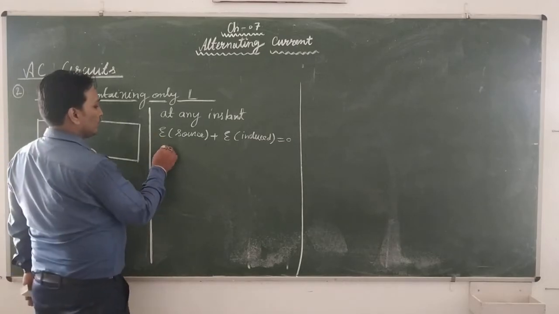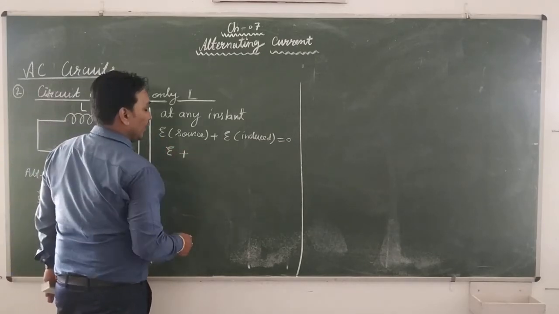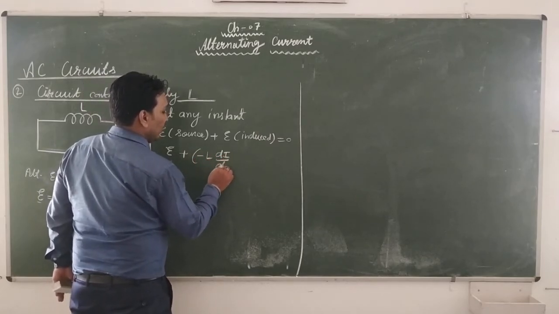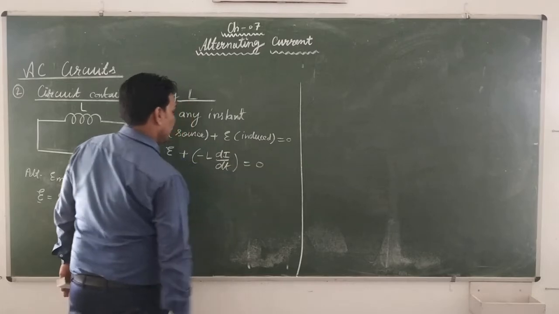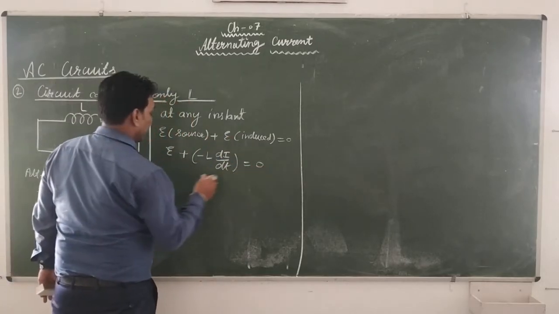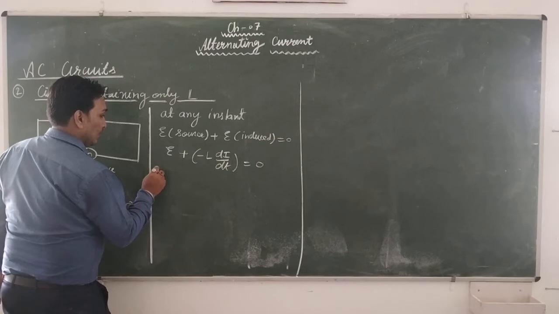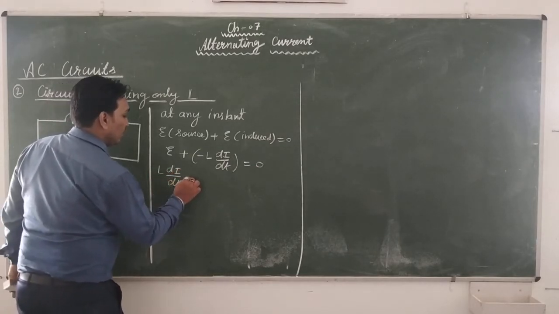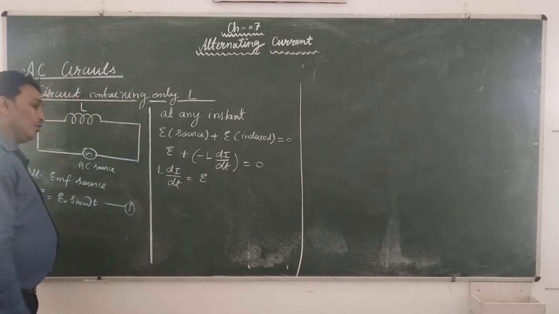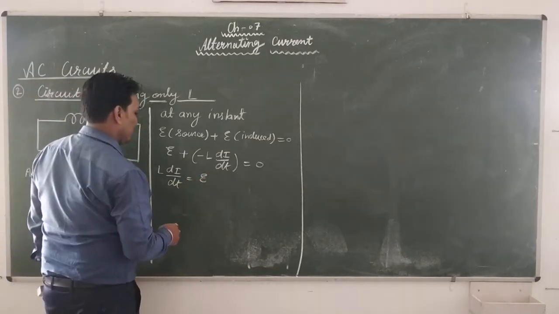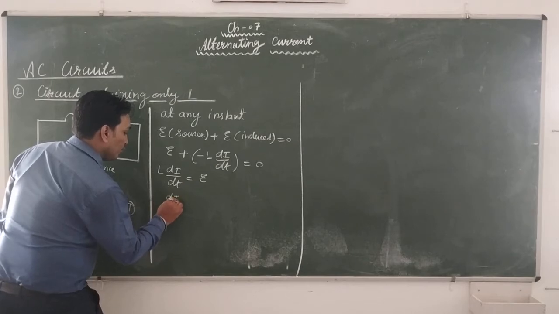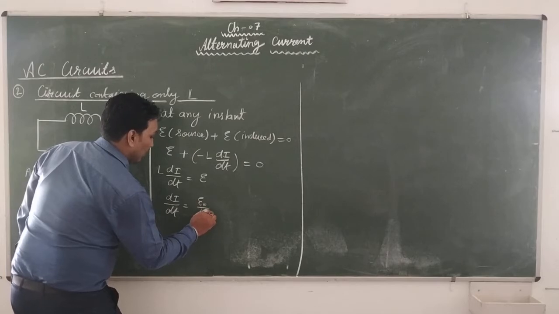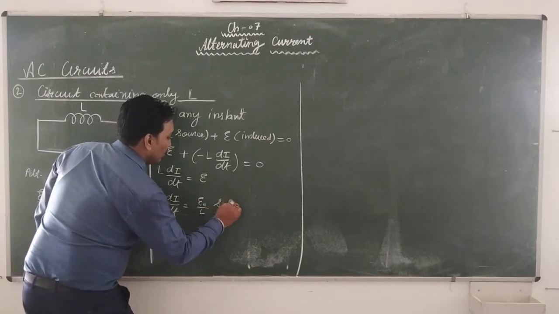What is the EMF of the source? It is E. What is the EMF induced? It is minus L di by dt, equals zero. If we transfer that to that side, we have L di by dt is equal to E. If L is transferred to that side, and we put the value of E also, we have di by dt is equal to E naught upon L into sin omega t.